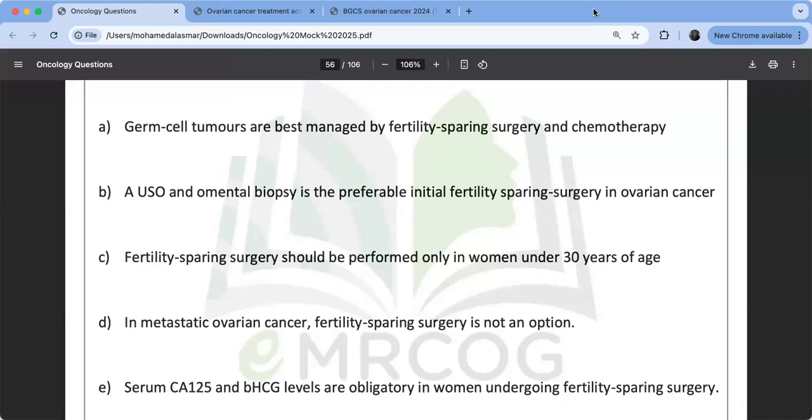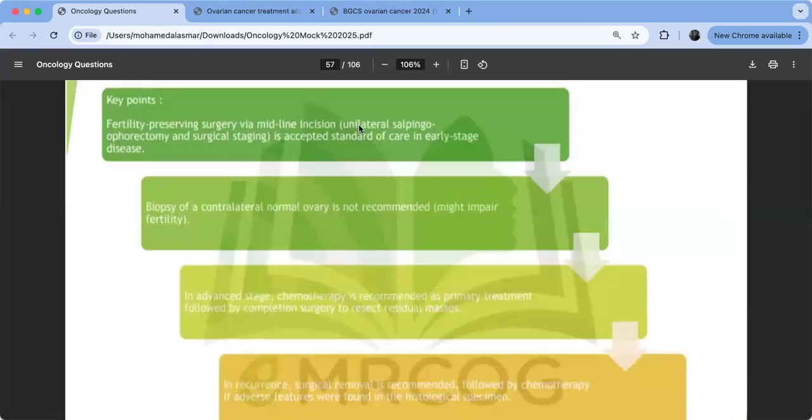Fertility sparing surgery would be done by midline incision, unilateral salpingo-oophorectomy, and surgical staging. It is accepted standard care in early stage disease. Biopsy of the contralateral normal ovary is not recommended because this may impair fertility. In advanced stage, chemotherapy is recommended as primary treatment, followed by completion surgery to resect residual masses.